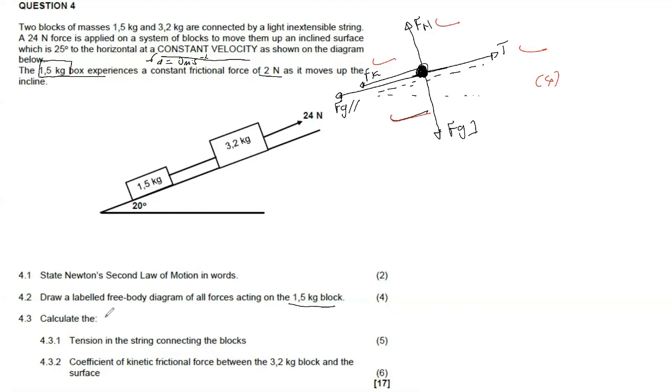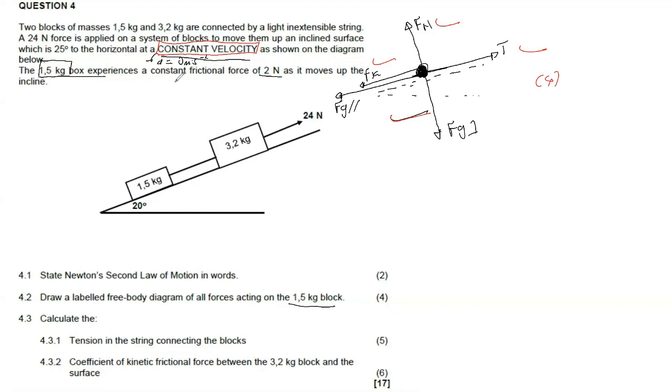Then in 4.3, they say calculate the tension in the string connecting the blocks. Now note, we are told that this is constant velocity. So this is not a simultaneous question. Why? Because in a way we are given the acceleration. The acceleration is 0 meters per second squared.